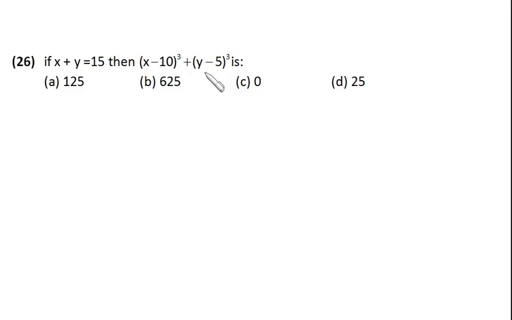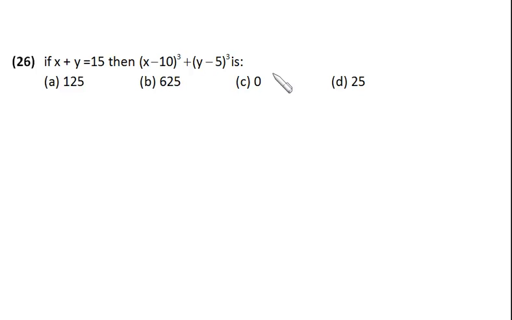So to make it very easy, just to make this 0, I choose x is 10 and y is 5. So 10 plus 5 is 15, and you'll be getting the answer very simply. When x is equal to 10, this expression will be 0, y is equal to 5, so this expression will also be 0. So precisely the answer to this problem is 0.